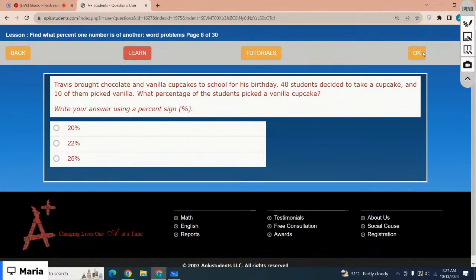And 10 of them picked vanilla cupcake. That means 25% of them picked vanilla cupcake, right? The correct option is 25%.